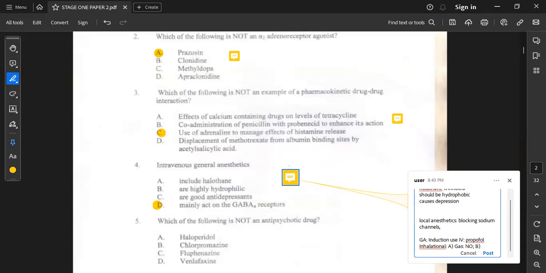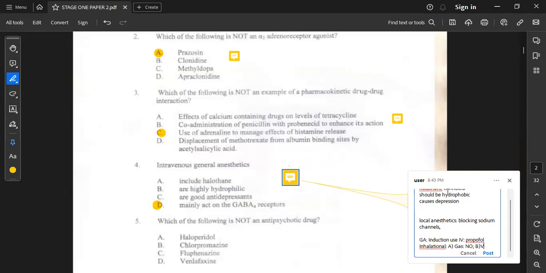When we look at some of them, they will have a very high MAC, something like nitrous oxide, making them not so good in anesthesia, but they also have safety for someone who is not used to anesthetics, like a student. When you look at something like halothane, it will have a greater side effect of hyperthermia. And remember, it's managed by things like dantrolene, but still it has an advantage in that it is the best for people who are undergoing cardiac operations.